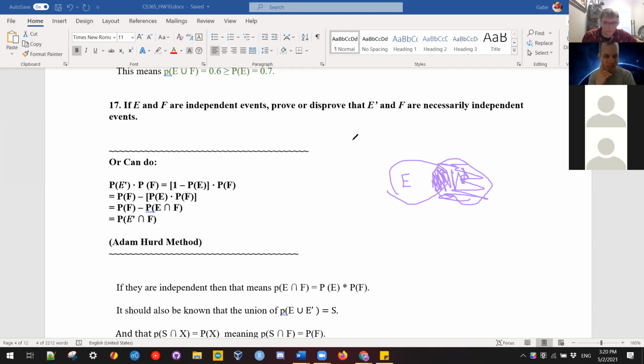We're still saying this is equal to F times everything not in E. That was the original statement that I made. P not E times PF is the same as F, take out the overlap with E, and then take out E itself and include everything else.